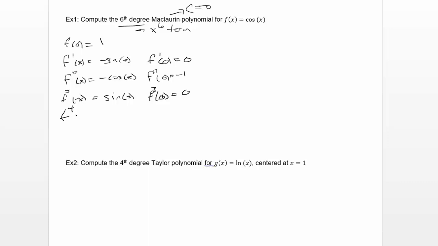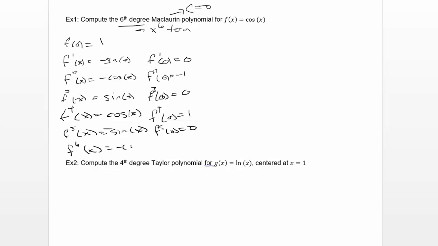The fourth derivative, the derivative of sine is cosine, and now we're back to the beginning. So we could continue on our pattern here. We know the fourth derivative at 0 is 1. The fifth derivative is sine, or minus sine. So the fifth derivative at 0 is 0, and the sixth is minus cosine. So the sixth derivative at 0 is minus 1.